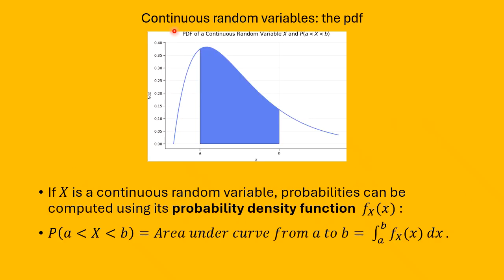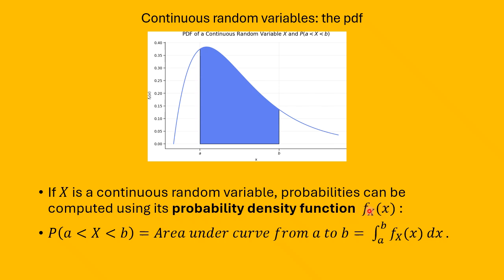So let's talk first of all about the probability density function of a continuous random variable. Let's suppose that we have a random variable X, which is going to be a continuous random variable, and what we have is some function of x.